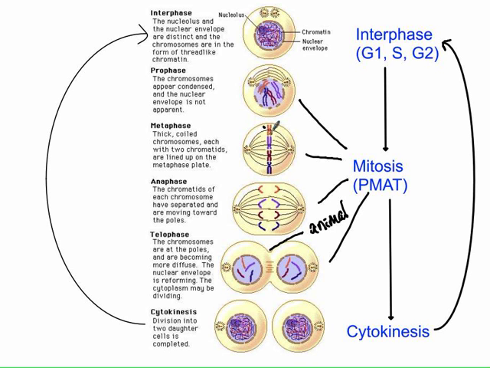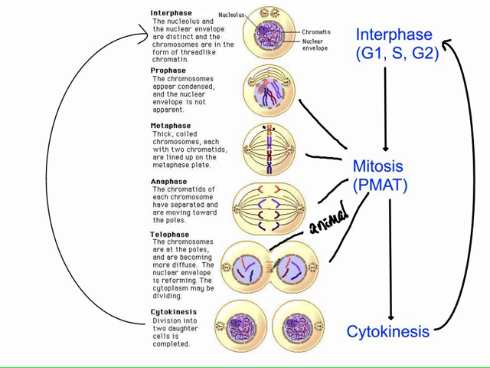Metaphase is characterized by the chromosomes lining up along the middle and the spindle fibers attaching to the centromere of each chromosome, because in anaphase, those centrioles are going to shorten, the spindle fibers are going to shorten and pull the chromosomes apart and pull them to opposite ends during anaphase.